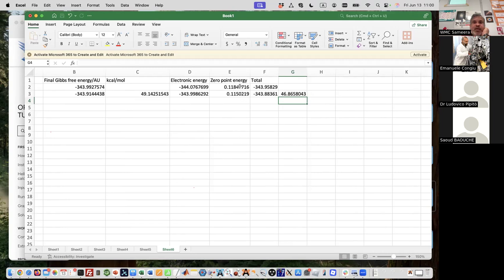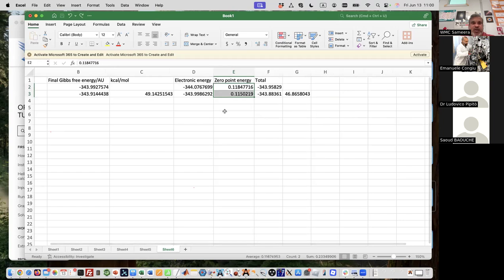And if you are interested in getting just potential energy without zero point energy, you can drop this, and then the energy will change anyway. So you should add the zero point energy in computing the potential energy barriers. So you can see a slight difference between the potential barrier and the free energy barrier.